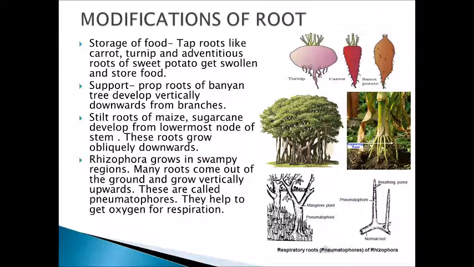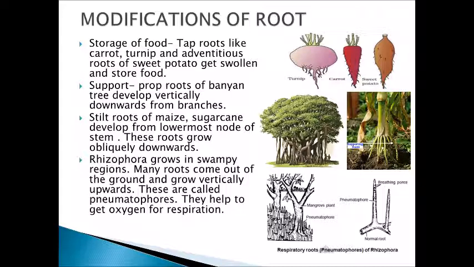Adventitious roots of sweet potato and asparagus, which are fasciculated tuberous roots, are also examples of modification of root for storage of food.